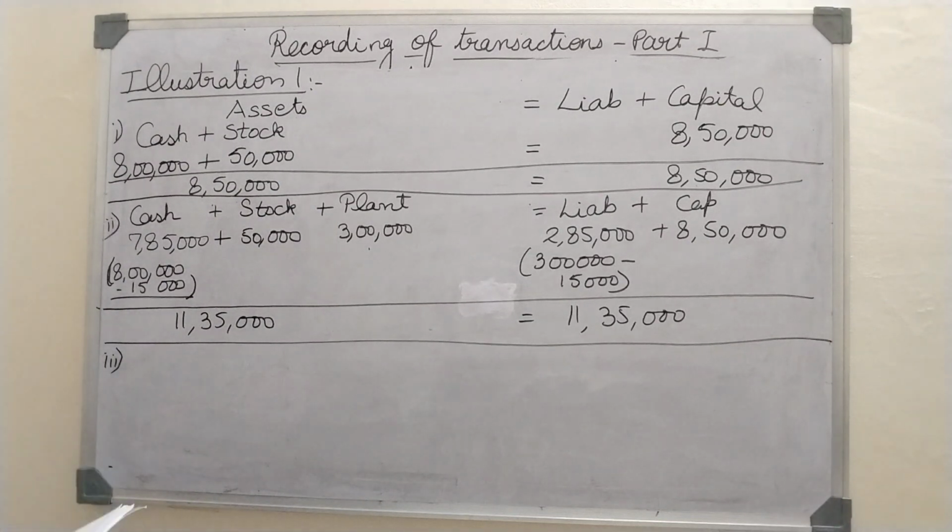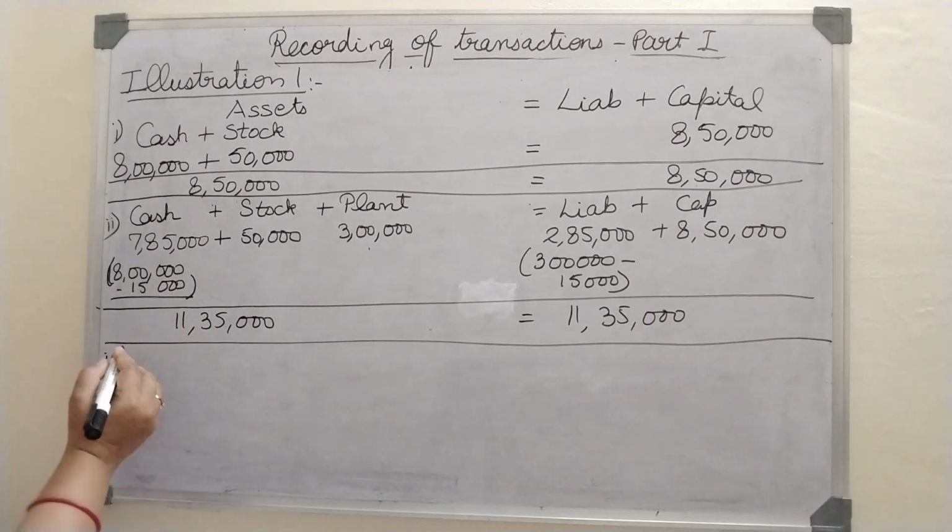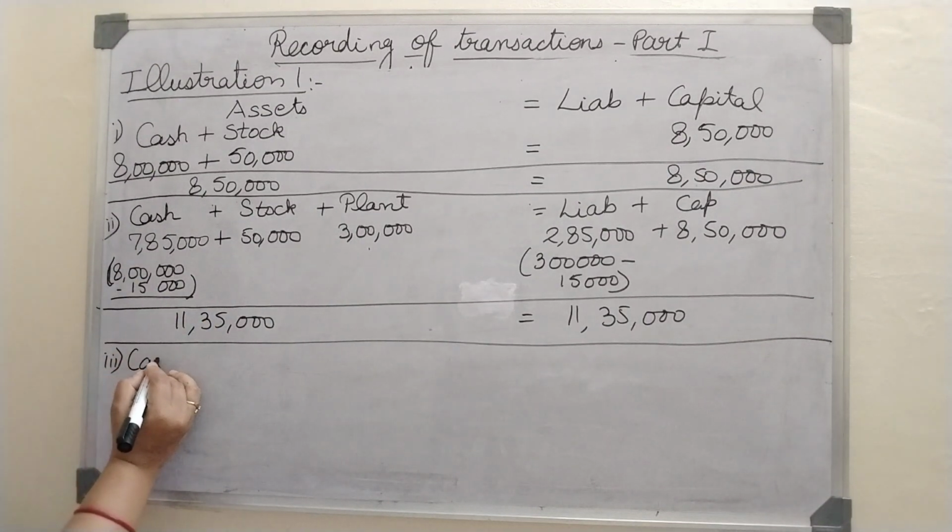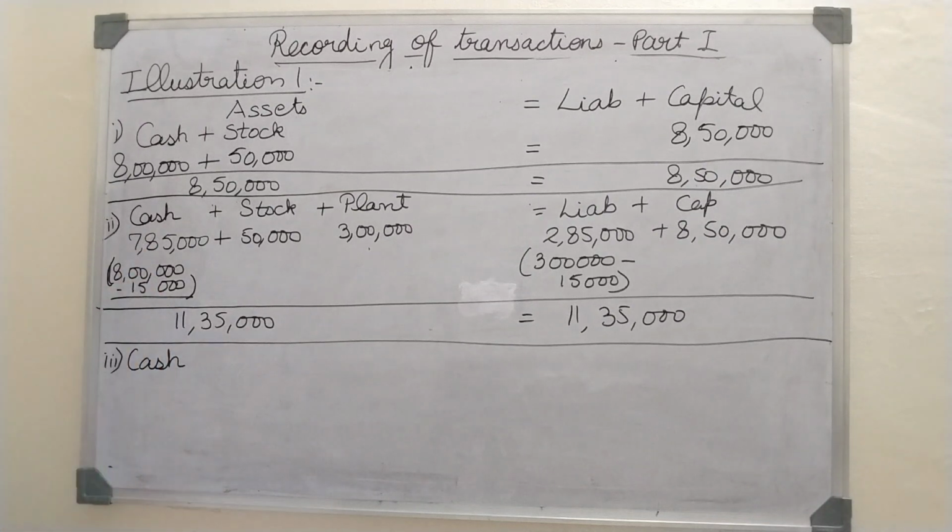Now the third transaction says deposited 6 lakh into the bank. So depositing 6 lakh into the bank means I have taken out money from my cash and I have deposited in my bank. So it affects our cash. How much cash I have? 7 lakh 85,000. So what I will do?